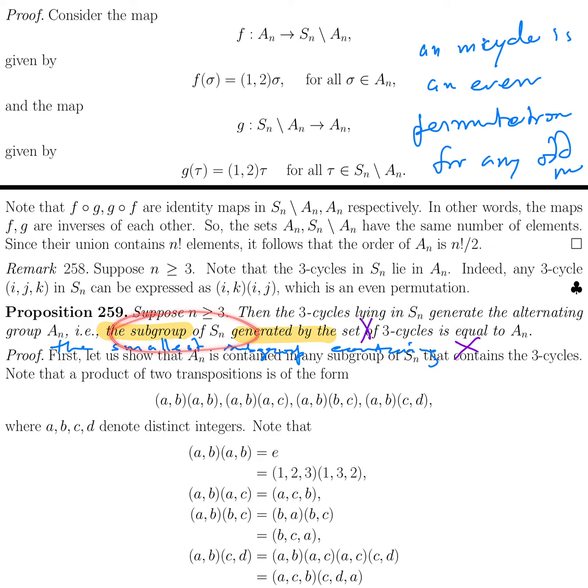So the subgroup of Sn generated by the set of 3 cycles is the smallest subgroup of Sn that contains all the 3 cycles. We need to show that that is equal to An.